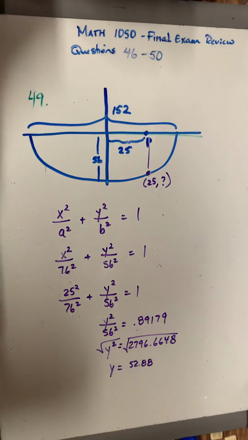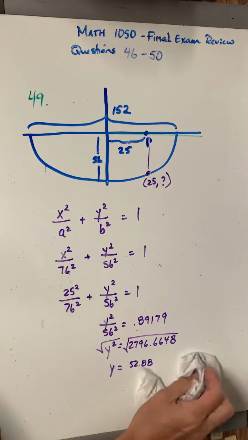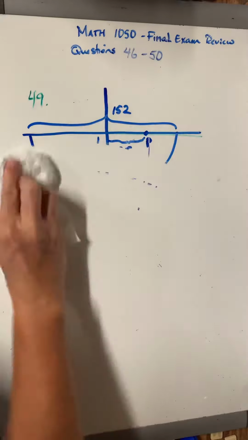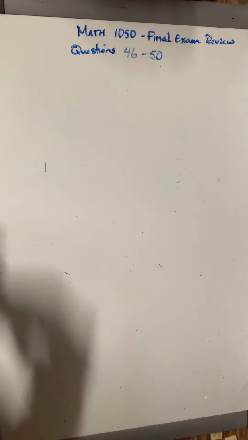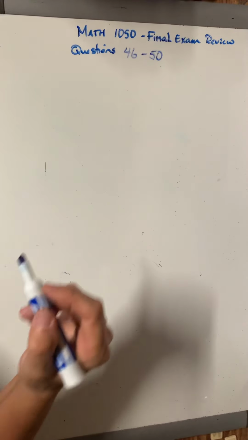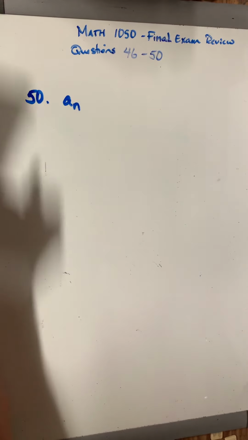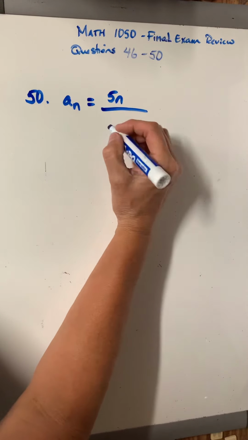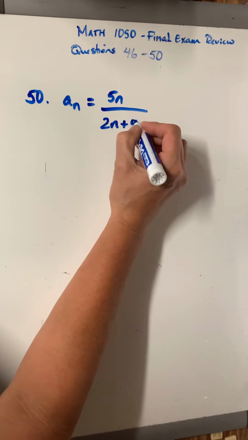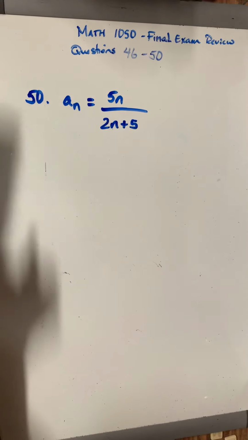So the last question, number 50, says if you have a sub n equals 5n over 2n plus 5, they want you to find the first 4 terms.